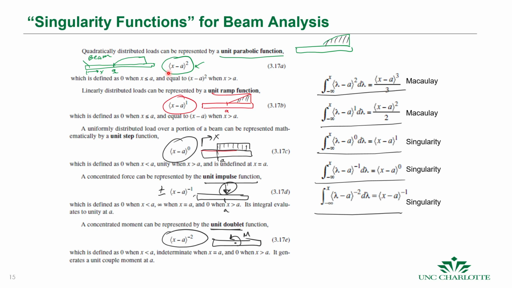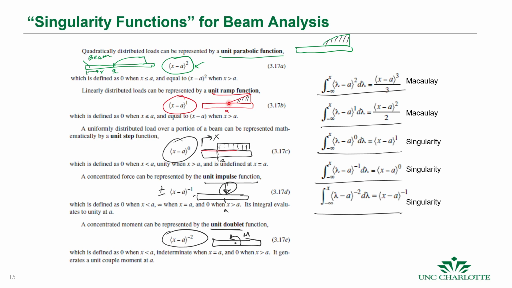If we have a unit parabolic function, which is a Macaulay function when the power is 2, that means when x is less than a, nothing happens. But when x is greater than a, we have this function here, which is a parabolic load. We would multiply it by this, and then we'd get that parabolic function.